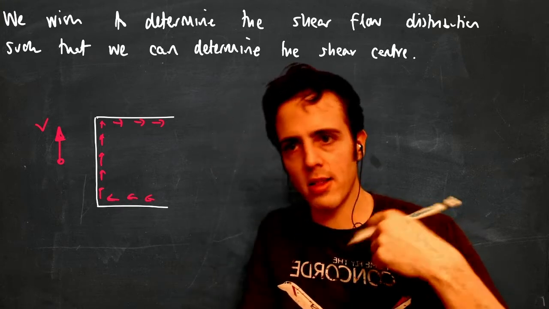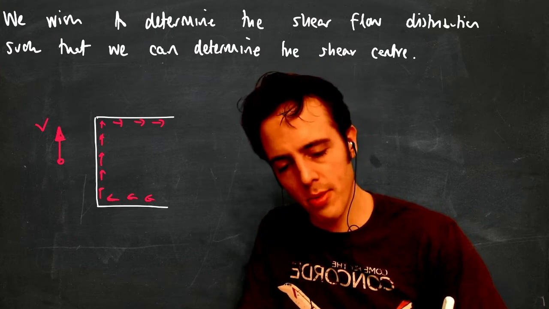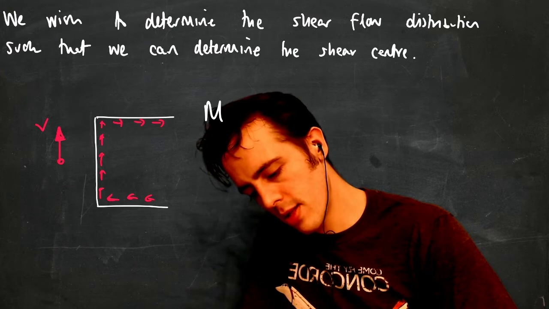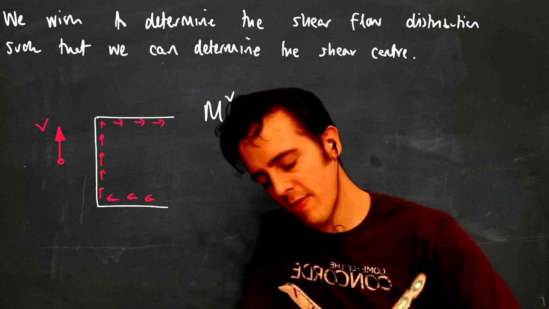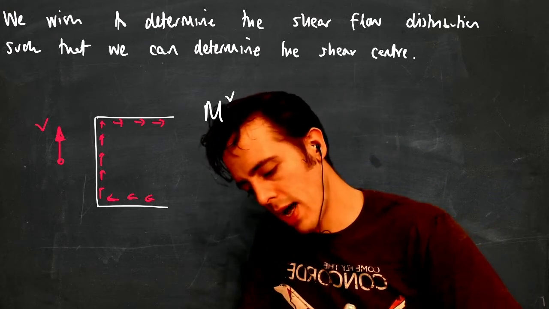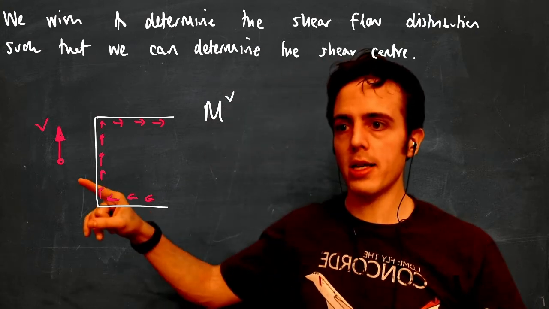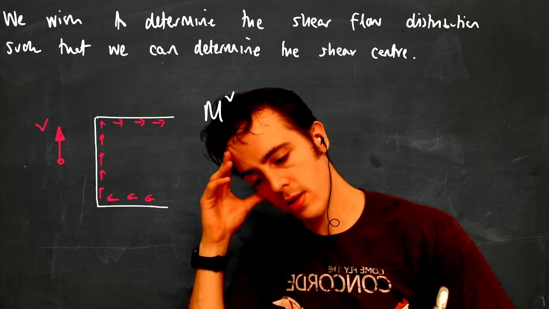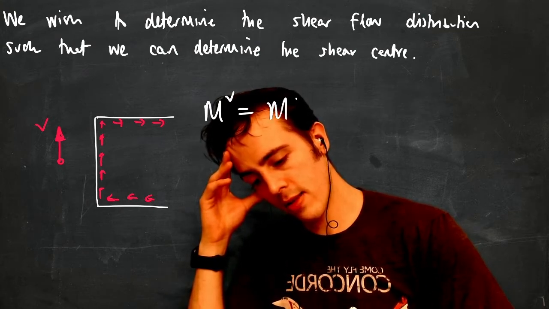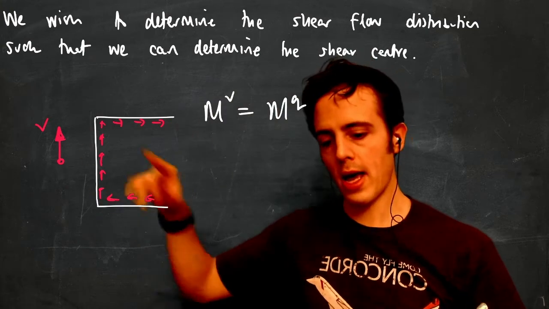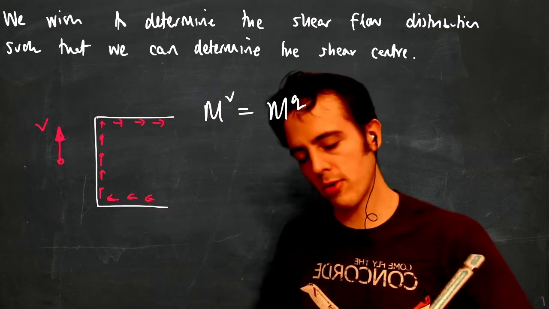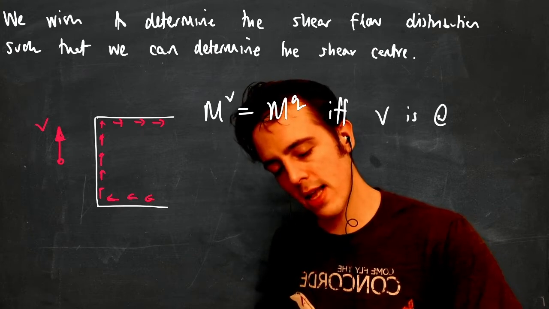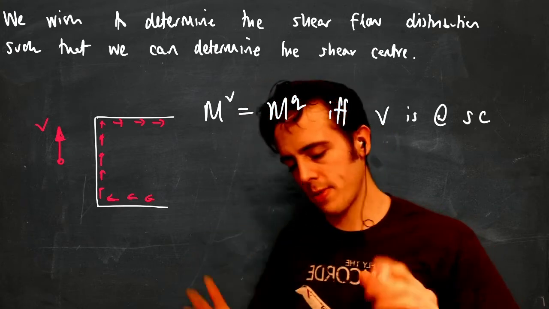Remember, we said in general, but for an open section, any moment evaluated, wherever you want to evaluate it, the moment caused by the applied shear load, mv, is equal to that caused by the shear flow. Wherever you pick to evaluate those moments, those two are equal if and only if V is applied at the shear center. So that helps us for open sections.